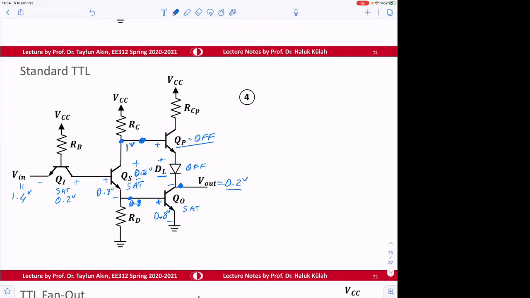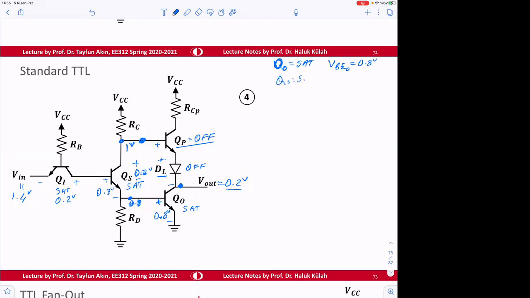Okay, so QO is SAT, therefore VBE of O is equal to 0.8 volt.